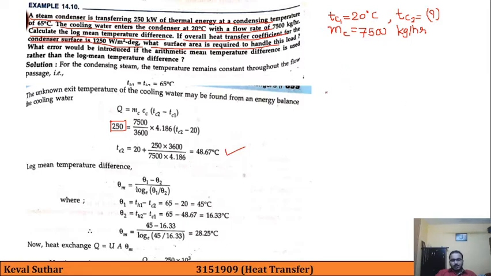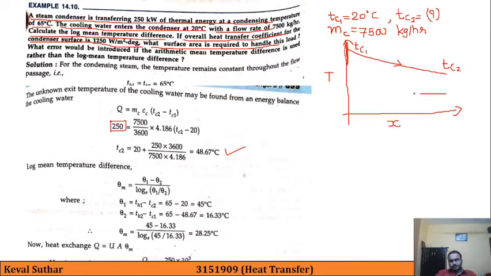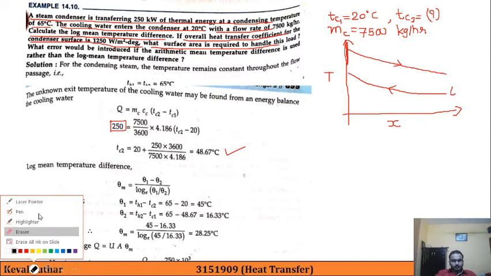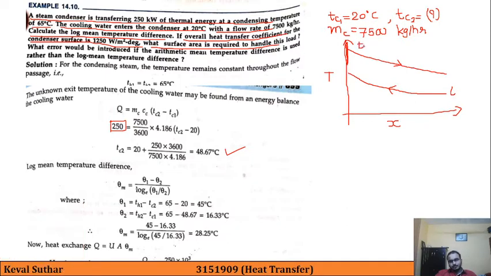If you recall, I have already drawn that counter flow arrangement in the previous question, with X. So here we have TC1, TC2, and here it should be TS1, TC1, and here TC2.